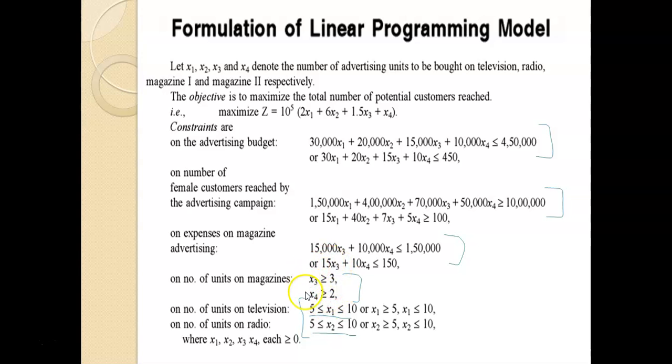So these are the constraints pertaining to those. Now coming to the number of units on television and radio, as given, they should lie between 5 and 10. For television, x1 is the variable, and for radio, x2 is the variable. So these are the ranges, or the limits.